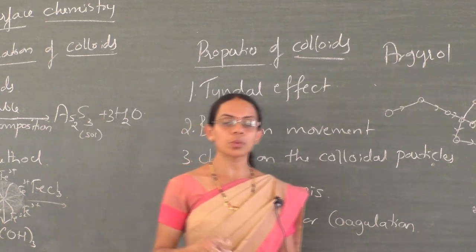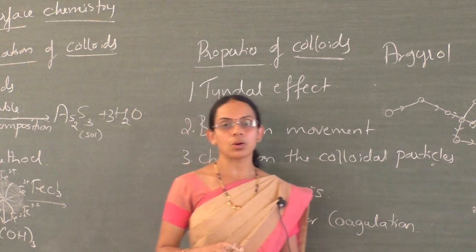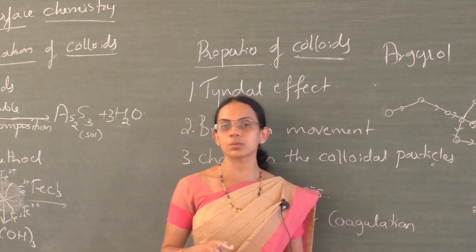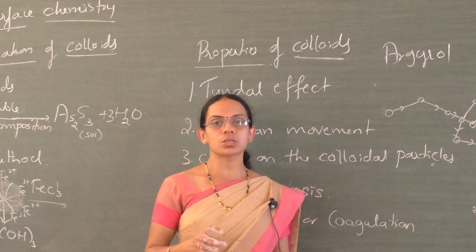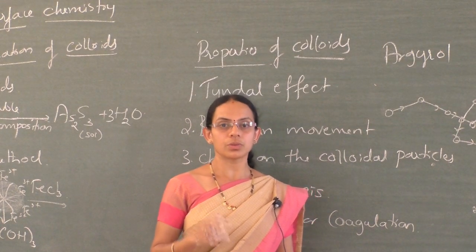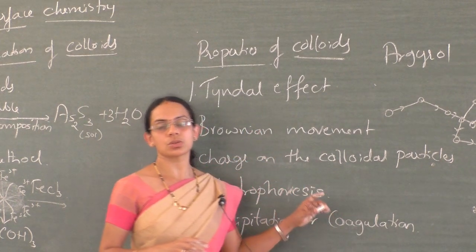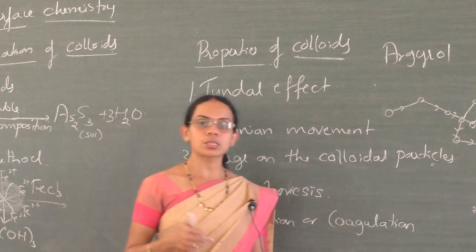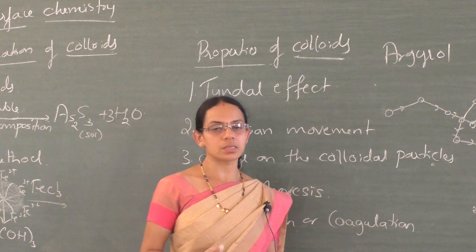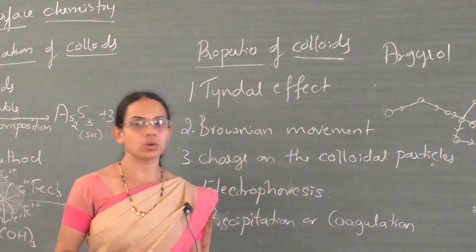The suspended impurities present in the water can be removed by adding alum, a double salt of potassium, that is potassium sulfate, aluminium sulfate. It causes the precipitation of suspended impurities, and that makes the water fit to drink. These are the three applications of colloids: in the electrical precipitation of smoke, in the purification of water, and in medicines. So by this, that completes the colloids.